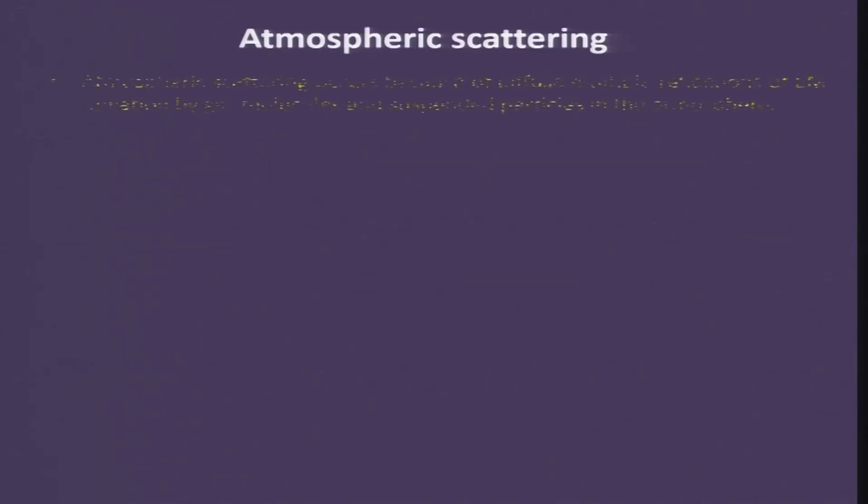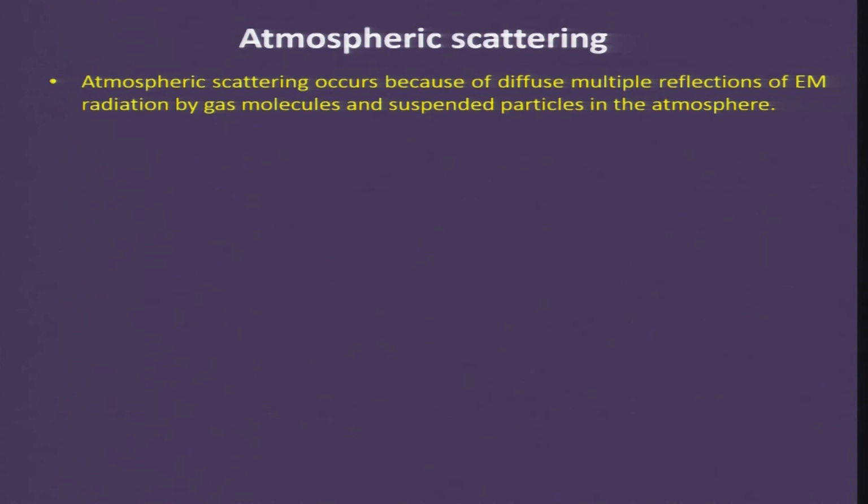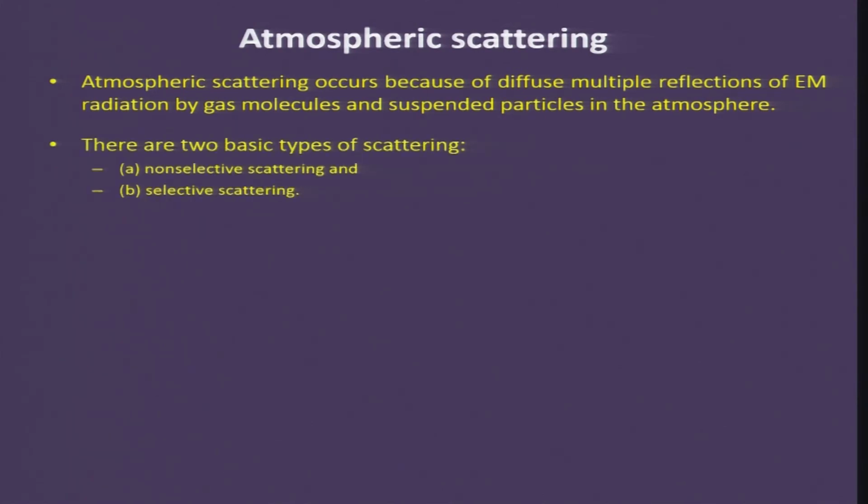Atmospheric scattering occurs because of diffusion and multiple reflections of electromagnetic radiation by gas molecules and suspended particles in the atmosphere. There are two basic types of scattering: non-selective scattering and selective scattering.